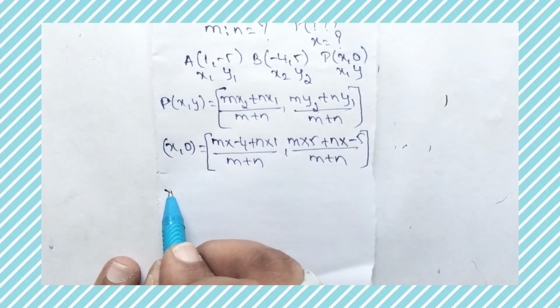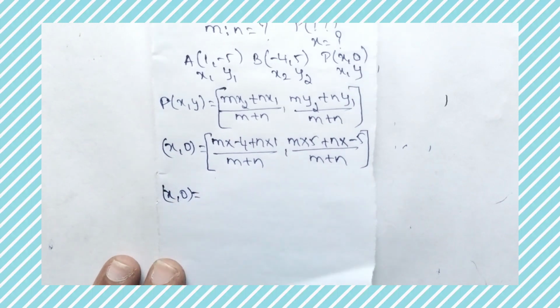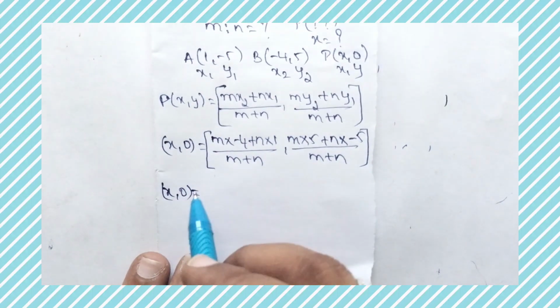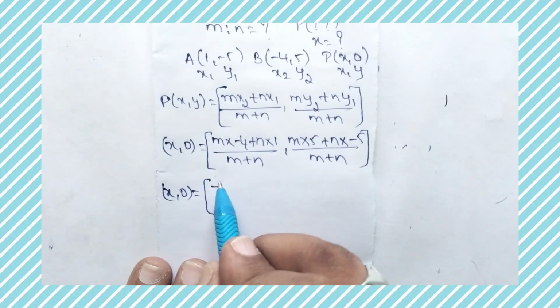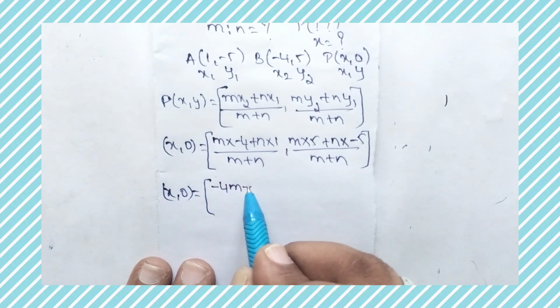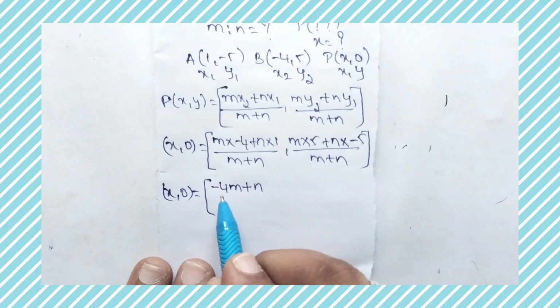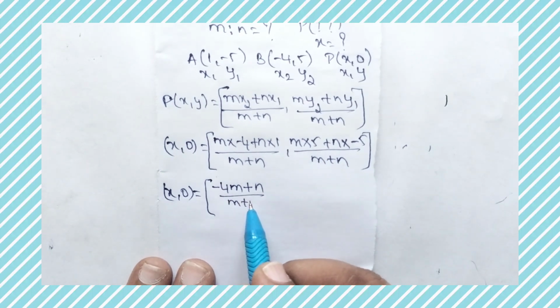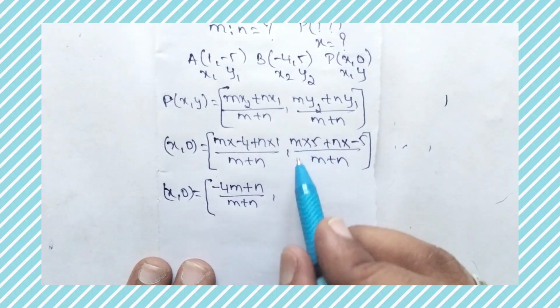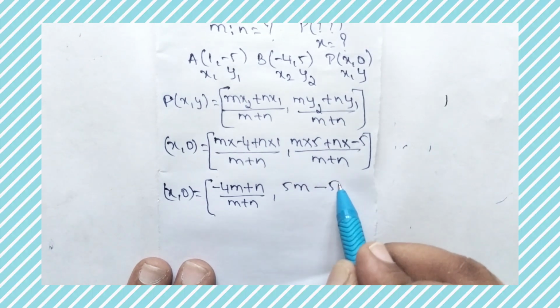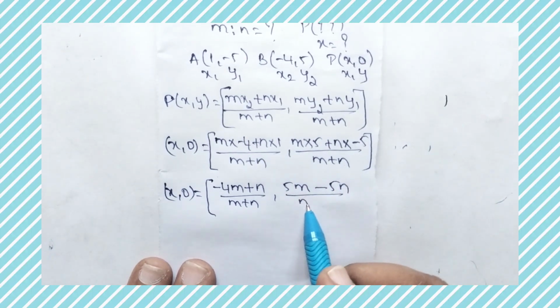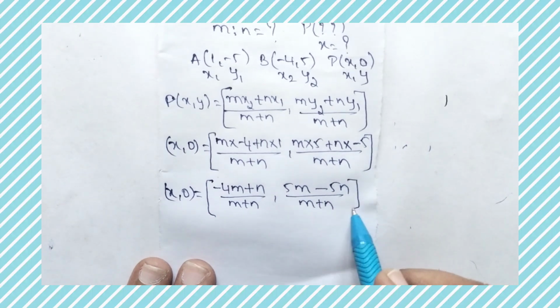So x, 0 is equal to, plus into minus is minus, 4 into m is 4m, plus n ones are n, divided by m plus n; 5 into m is 5m, plus into minus is minus, 5 into n is 5n, divided by m plus n.